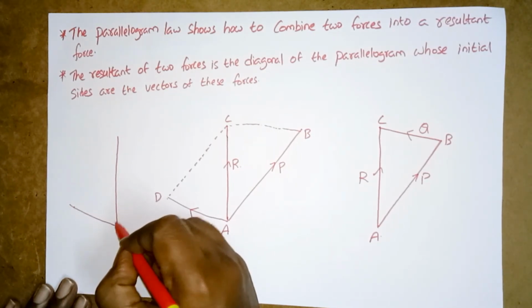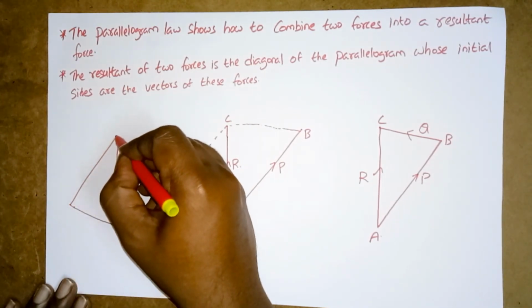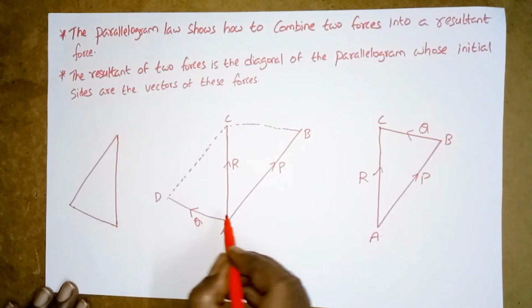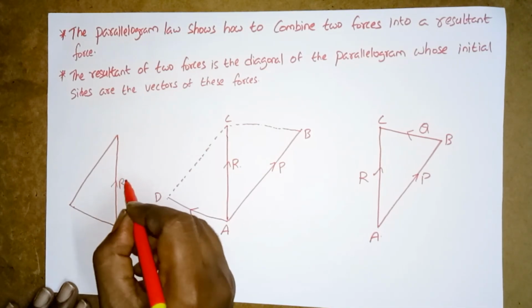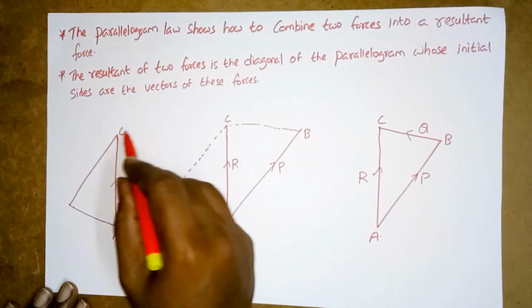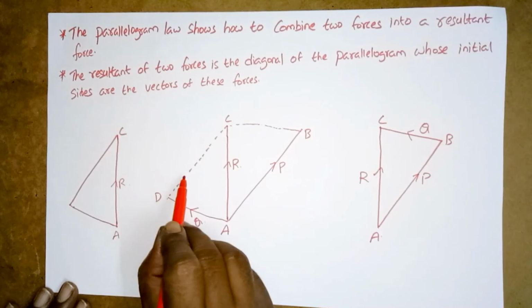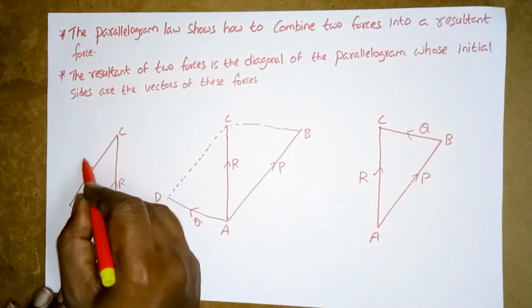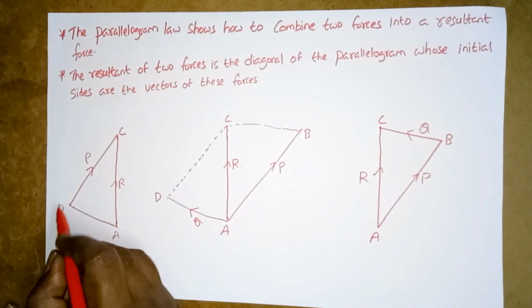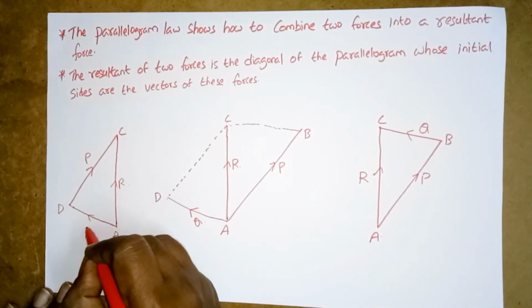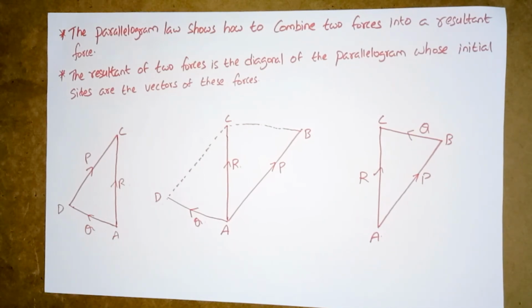So if you complete these diagrams, you will get good marks in your exam. So this is A, this is the resultant R, this is C, okay, and this is P, and A, this is D, and this is the Q, okay. So like that you have to show the construction of this parallelogram, okay. So these things you have to represent in your examination.